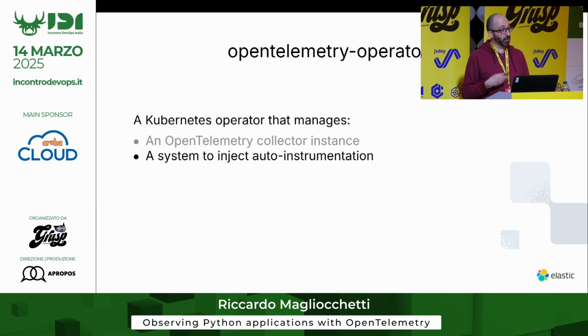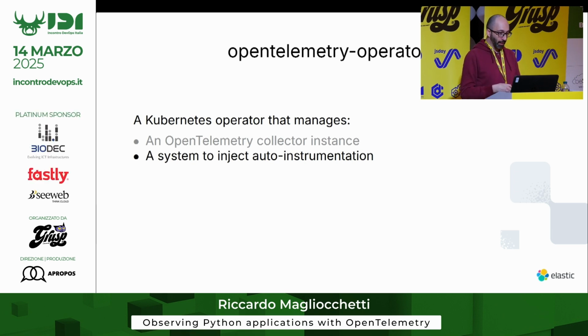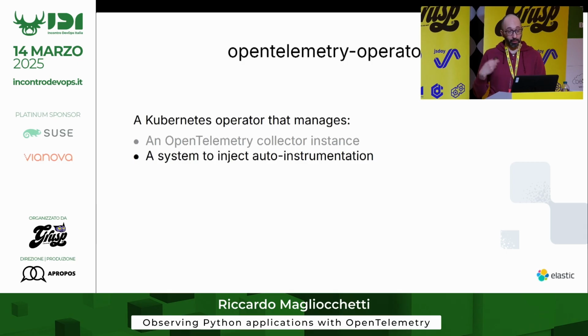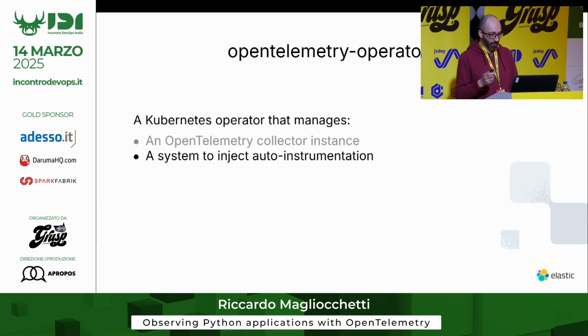For Python, this works by copying the Python OpenTelemetry code to a volume, then mounted to your application pods. Then the operator is also setting some environment variables that are required by the OpenTelemetry Python agent to work. But this is everything done under the hood.